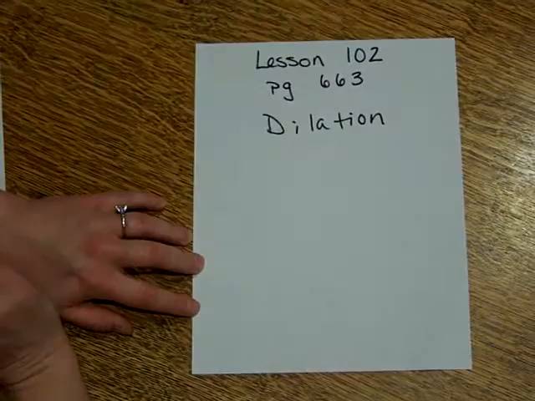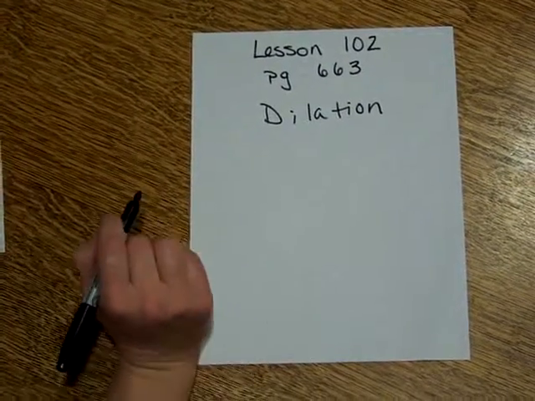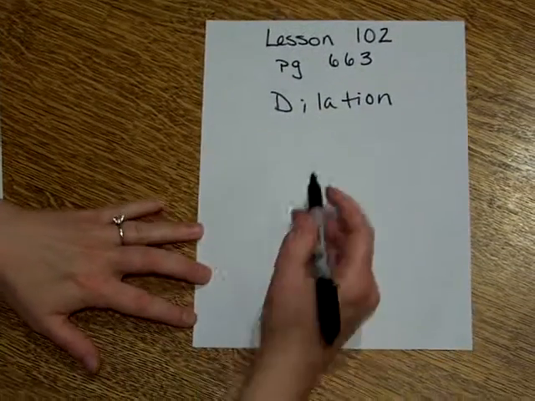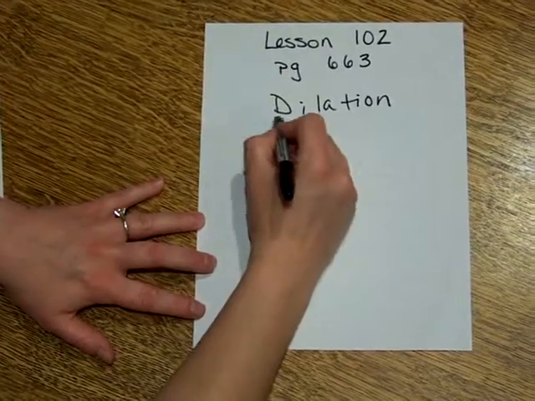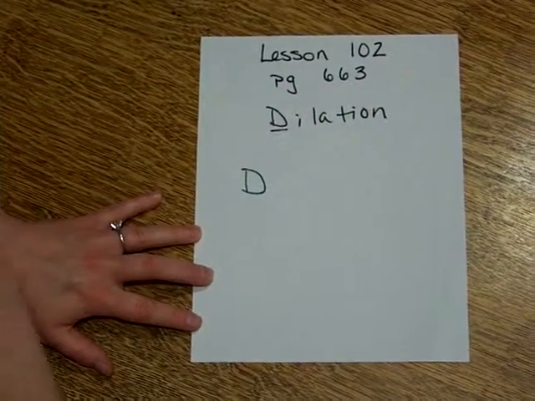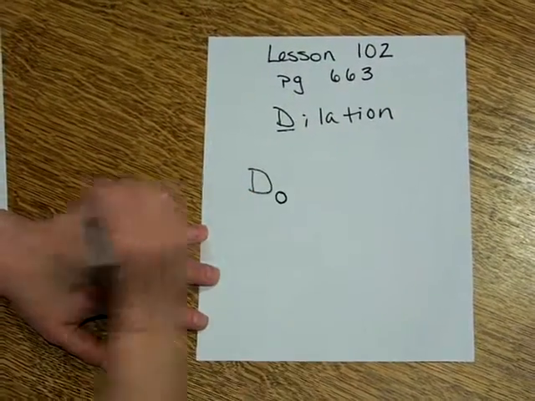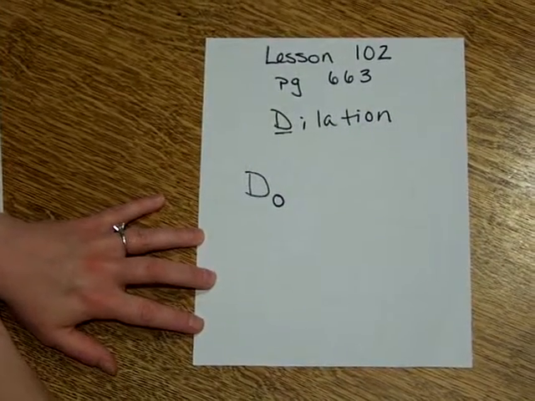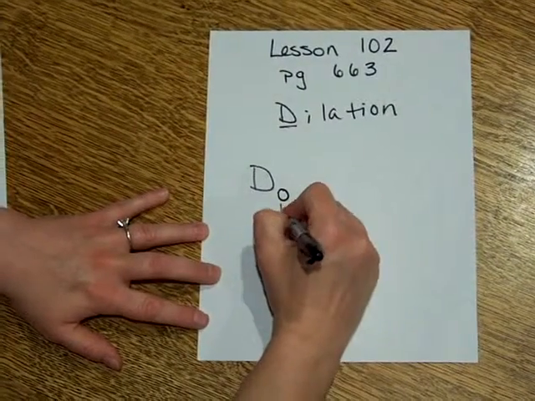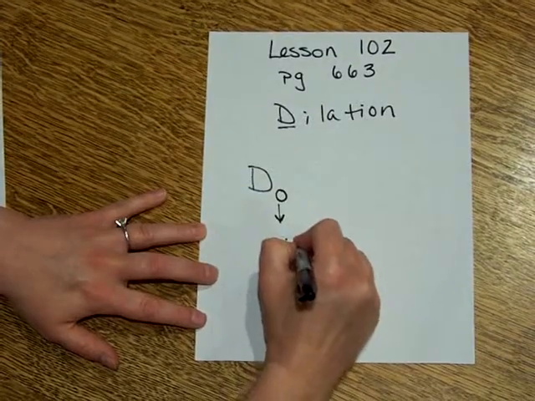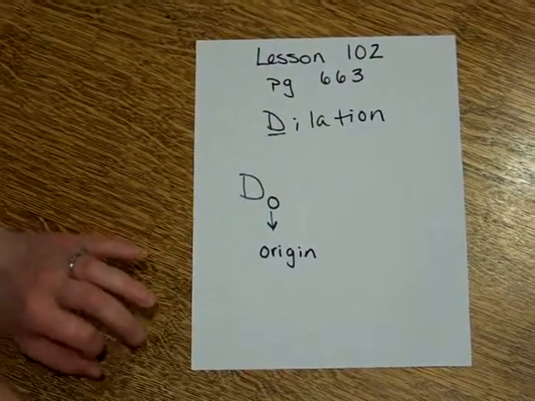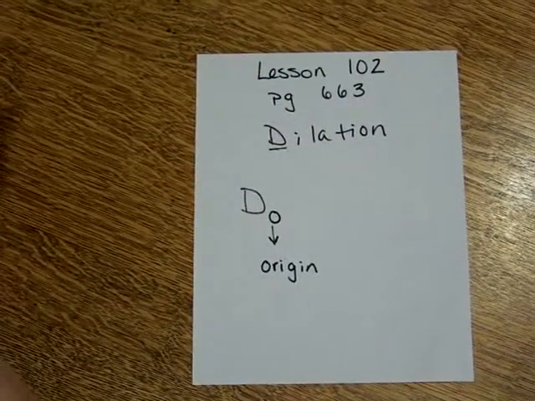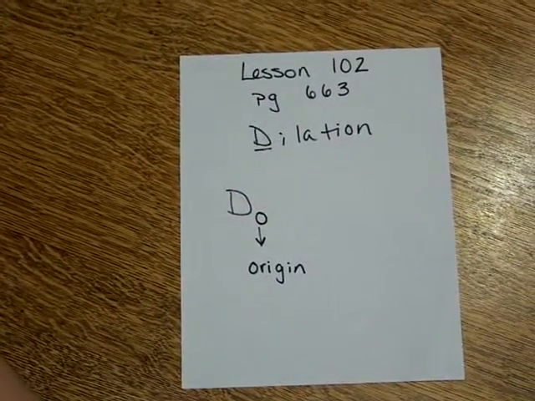So let's look at the basic transformation mapping for a dilation. It is going to be tipped off for us by the letter D for dilation. We're going to have an O here, and that O stands for origin. These dilations we're going to be doing are going to take place from the center point of our origin here.